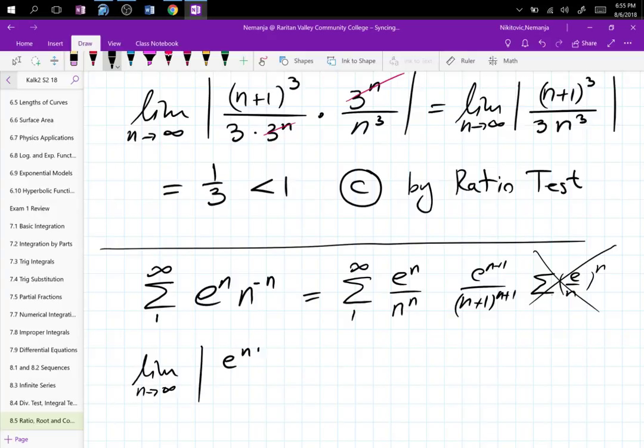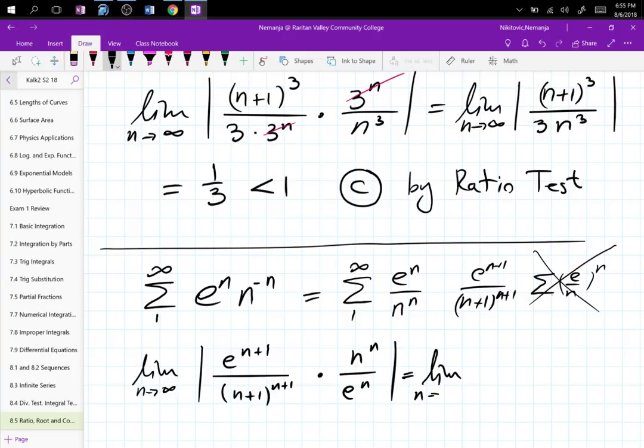So now let's see. We have e to the n plus 1 divided by n plus 1 to the n plus 1. And then immediately, as you can see, I'm skipping a lot of these steps. I'm writing down the original problem, but I'm writing it as a multiplication and flipped. So in the next step, I do the peeling, right? It's e times e to the n over n plus 1 to the n, and then n plus 1, and then times n to the n over e to the n.